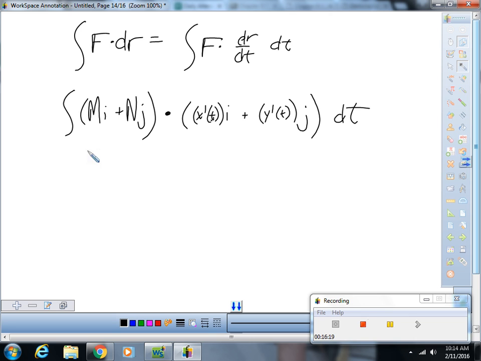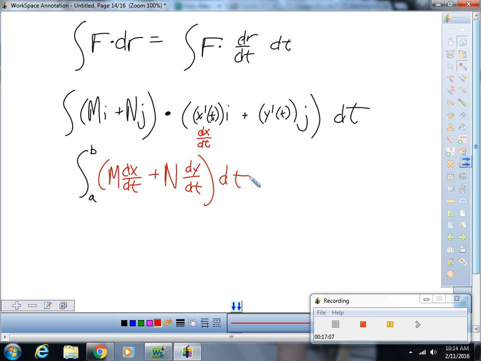So now we can call that a definite integral from a to b. Keep in mind that x prime of t is the same thing as dx/dt, right? Does everybody agree with that? So here we're changing to differential notation. So you get M times dx/dt plus N times dy/dt, all with respect to t.